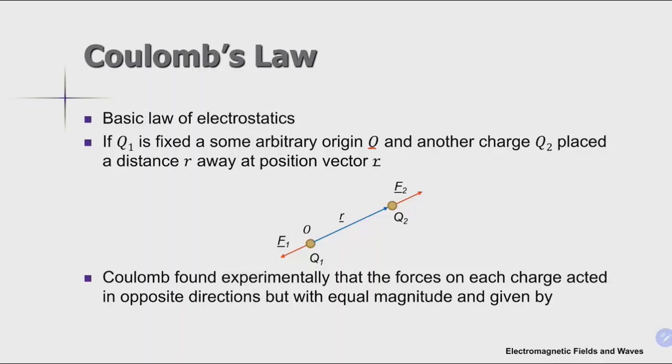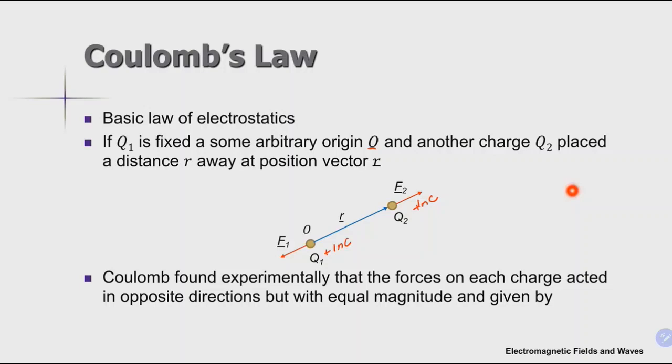Let's say we have plus 1 nanocoulomb charge at both ends, so equal magnitude charges. A force is experienced by the charges in opposite directions, and that was found experimentally by Coulomb.